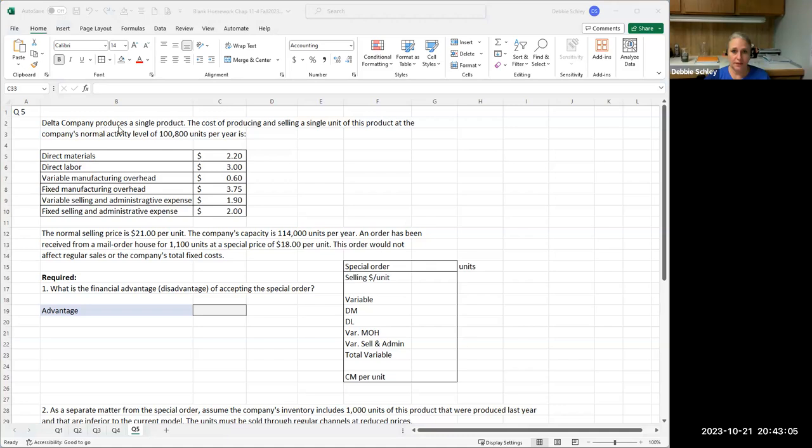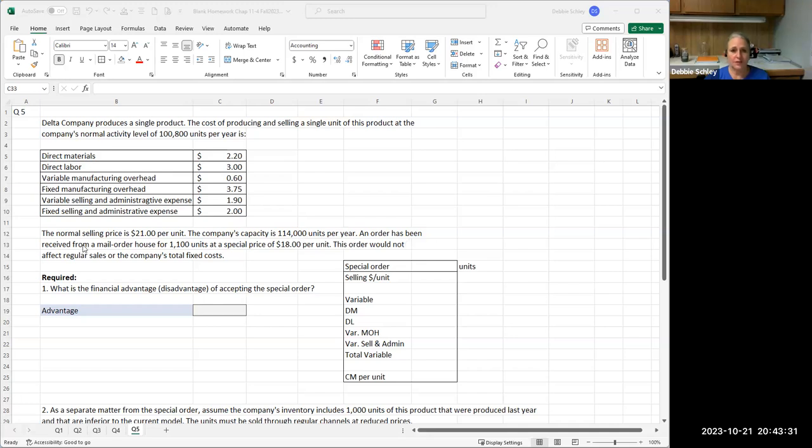Okay, Delta Company produces a single product. The cost of producing and selling a single unit of this product at the company's normal activity level of 100,800 units per year is all of this. Okay, the normal selling price is $21 per unit. The company's capacity is 114,000 units per year.